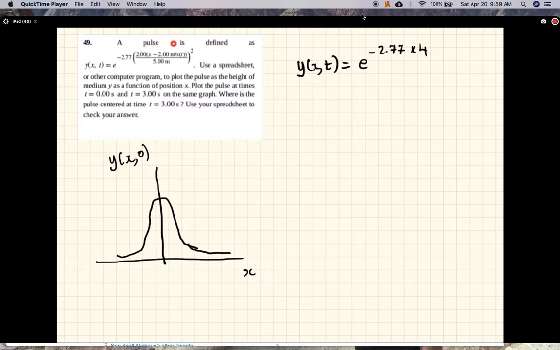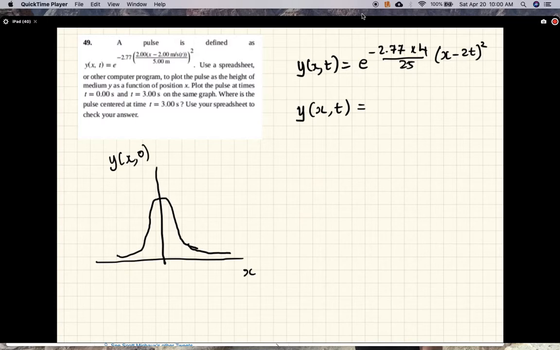This 2 squared becomes 4, and this 5 squared becomes 25. 4 into (x minus 2t) squared over 25. Alright, so we'll simplify the numerical value there.